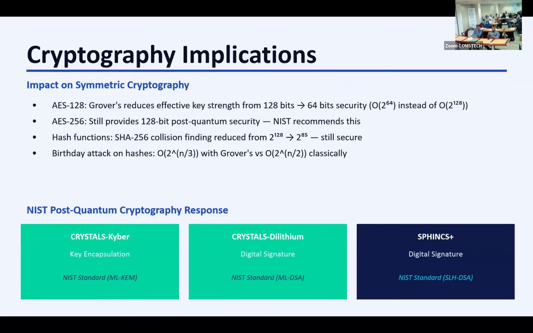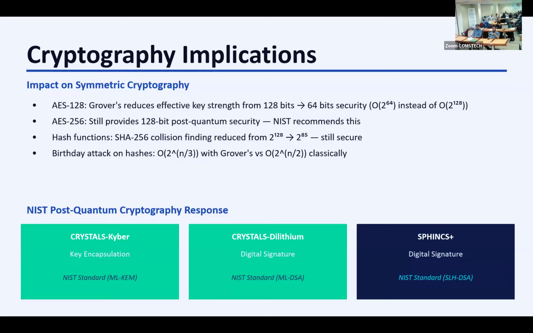NIST has already recommended that all the people who are using AES 128 should upgrade to AES 256, which is more secure compared to 128. Because if quantum technologies develop, they are going to break AES 128 very fast.